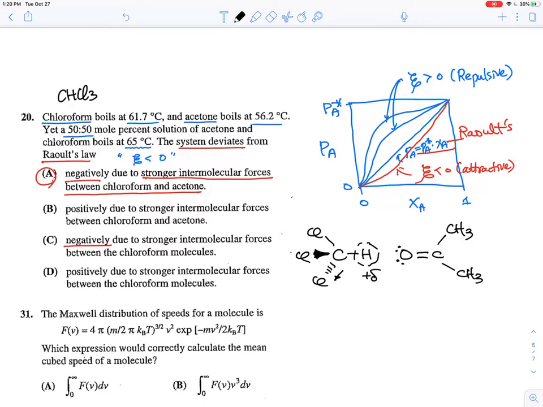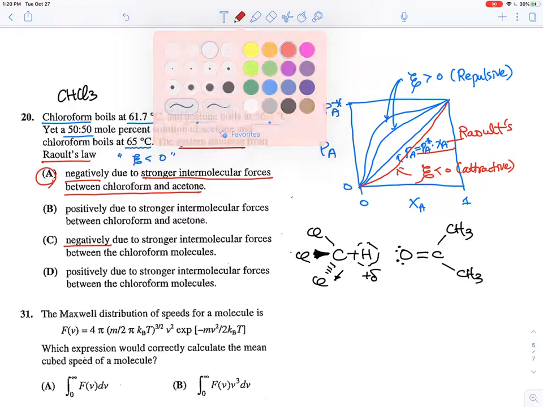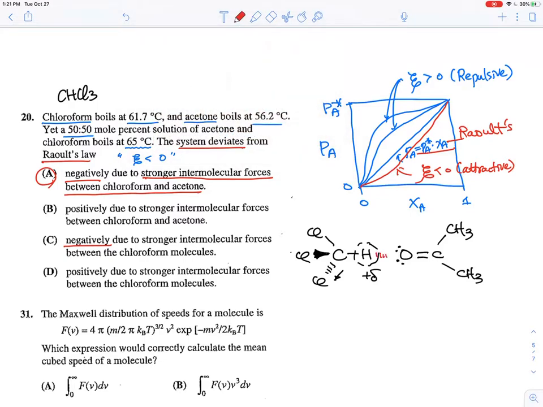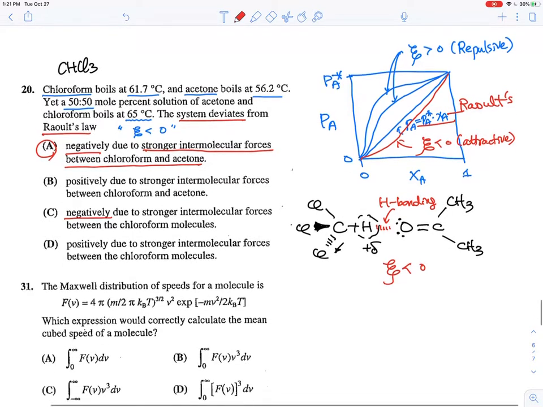just like in water, so you have hydrogen bonding character. Hydrogen bonding is quite a strong bonding nature. Therefore the interaction is negative. They are actually attracted to each other more than chloroform to itself or acetone to itself. They like each other more.